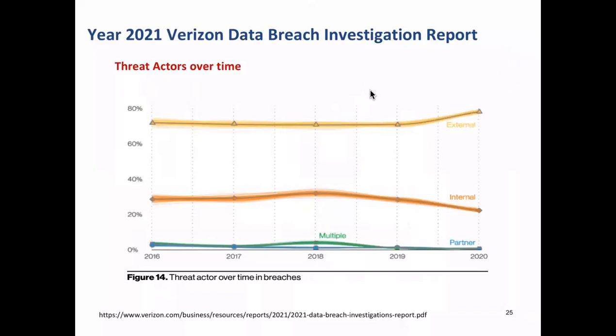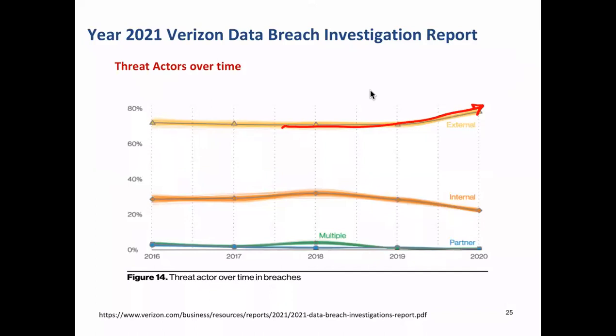And this shows whether it's an external entity or an internal entity that's doing the crime. It's found that about 80% over time, you can see this curve, external entities are able to hack or get into your system or be involved in cyber activities.